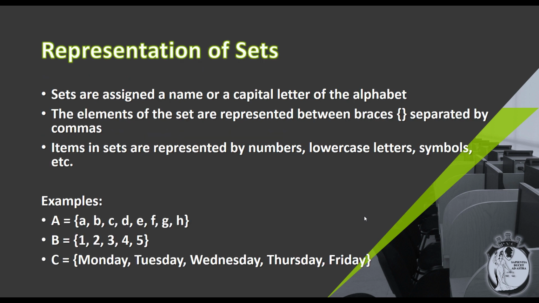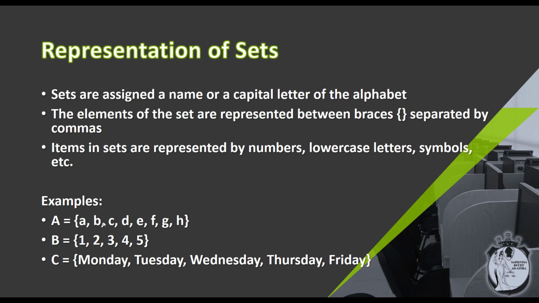Okay, representation of sets. The sets are assigned a name or a capital letter of the alphabet. Yeah, for example, here this is a set. They are using a capital letter A equals to. The elements of a set are represented between braces separated by commas.